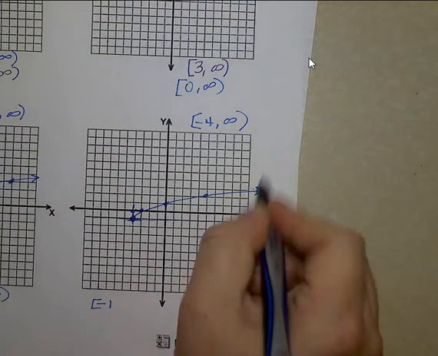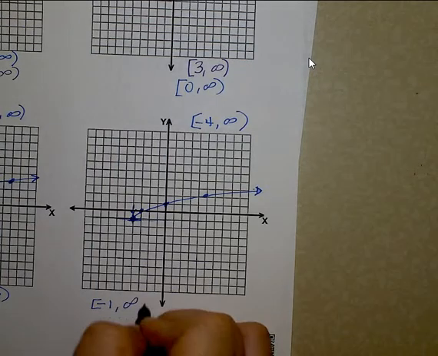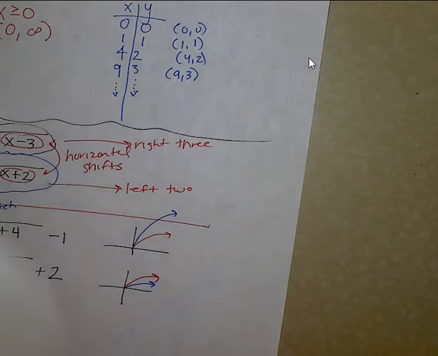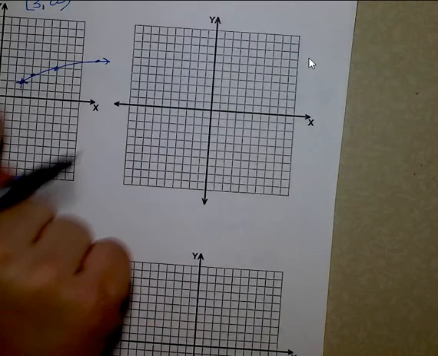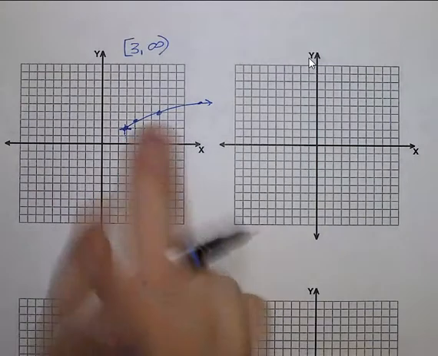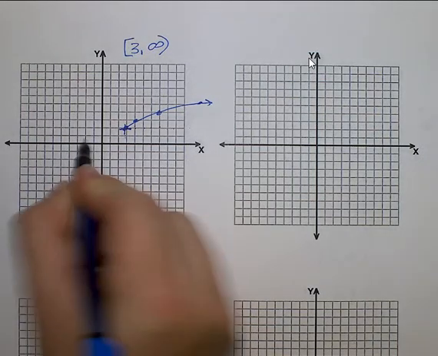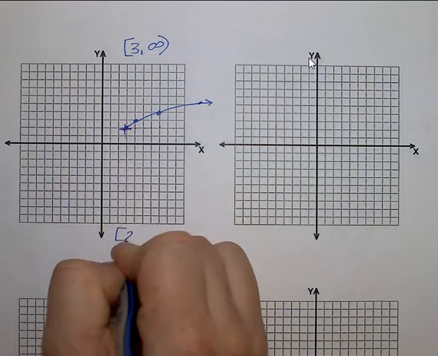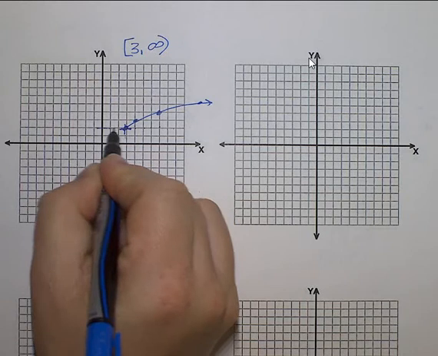Again, no limit how high it's going. Let me flip to the next problem. All right, for this problem, the lowest dot occurs at a y value of 2. We include it because there's a dot at that 2. No limit how high it goes.